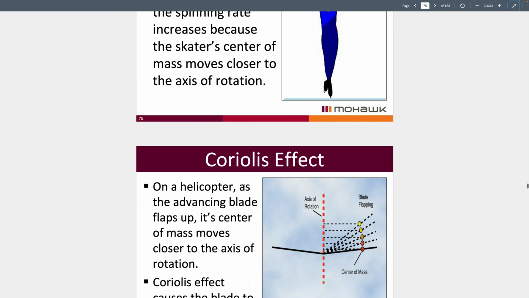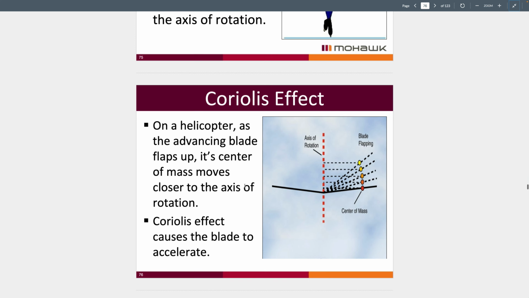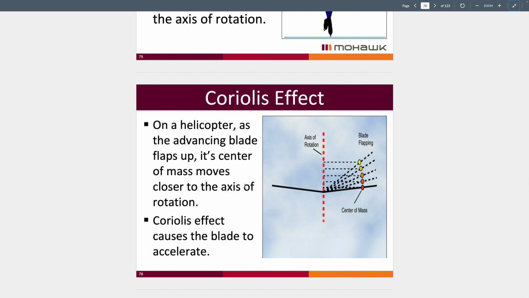On a helicopter, this is noticed on the advancing half of the rotor disc when blades tend to speed up. By speeding up, they would effectively produce more lift. When they produce more lift, this would cause them to speed up yet again, similar to what the figure skater does when their arms are closer to their body and the center of mass is closer to the axis of rotation.